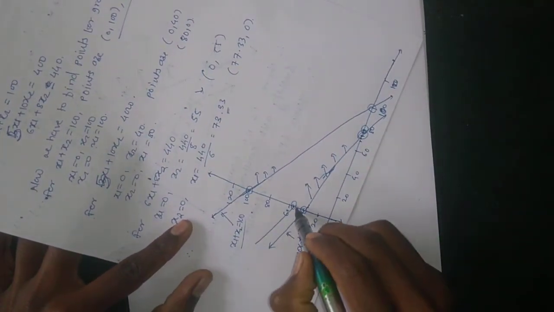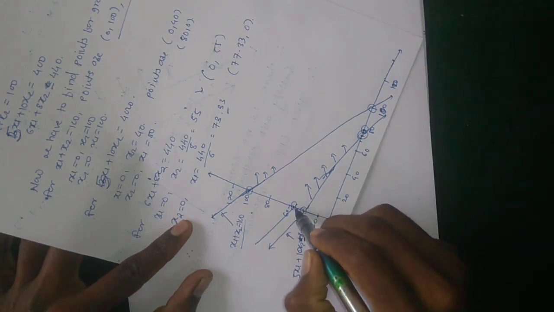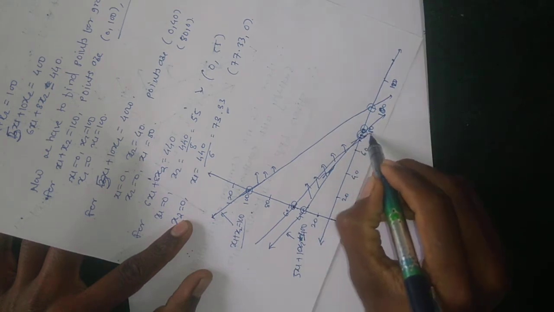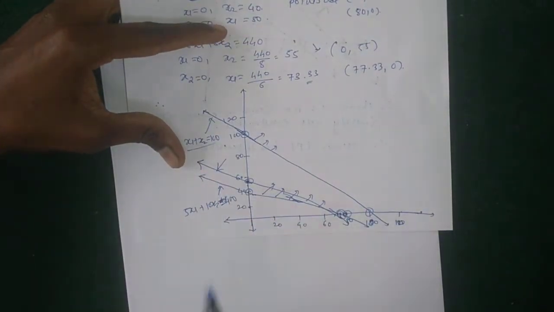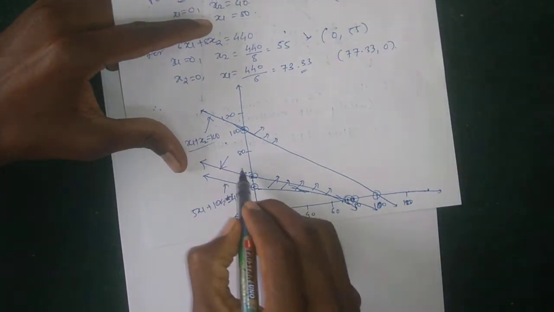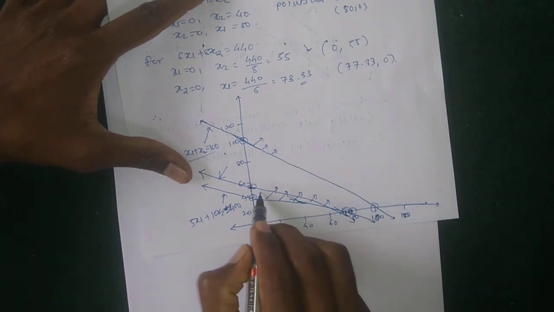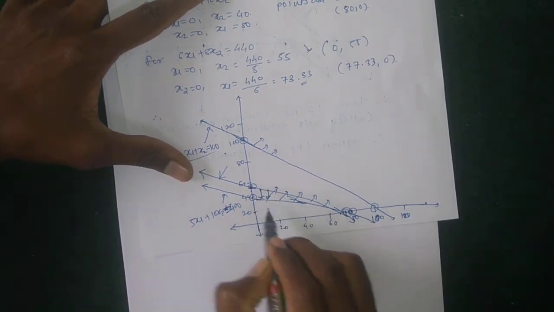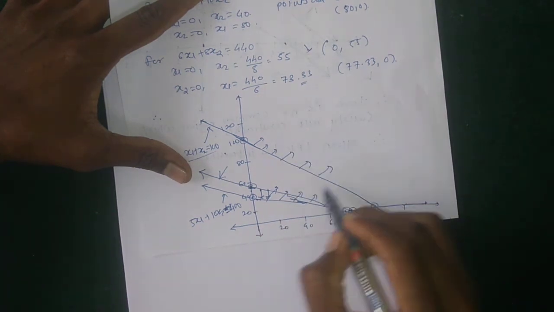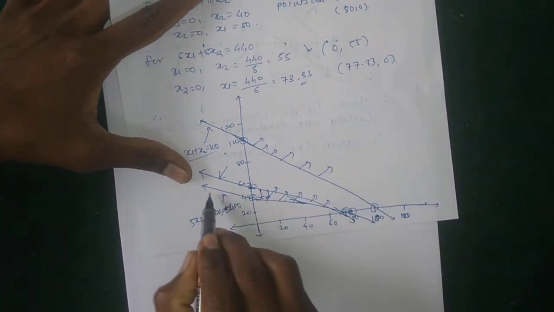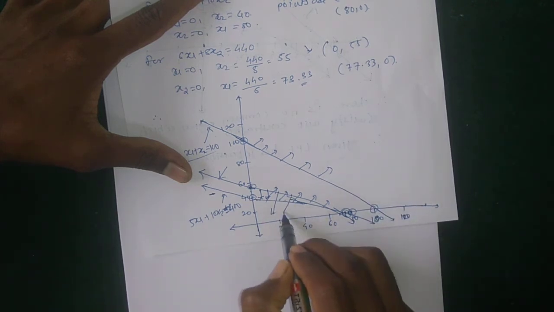Join these two points. This constraint is less or equal, so its region is the below side of this line, while for the second constraint the region is the upper side.